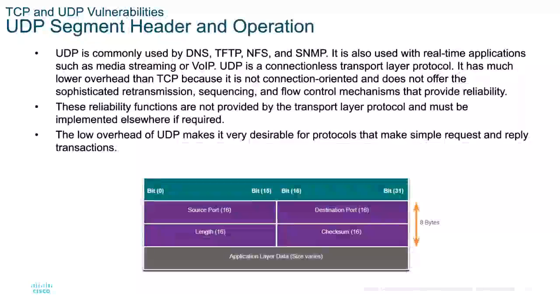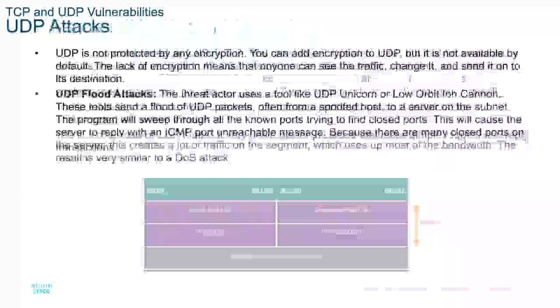UDP doesn't have as many fields, but it's very simple and can be used in different ways. Okay, it doesn't have the handshake, so that's not a vulnerability that can be exploited under UDP, for example. But it can be exploited.